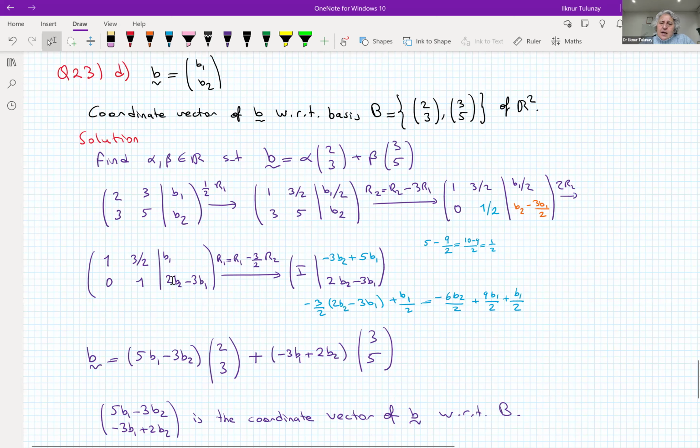So if I multiply this row by minus 3 over 2 and add to this row, I will obtain this equal to 0. In this case, on this side, I will have the 2 by 2 identity matrix. And if you multiply this minus 3 with the minus 3 over 2 and add to B1.